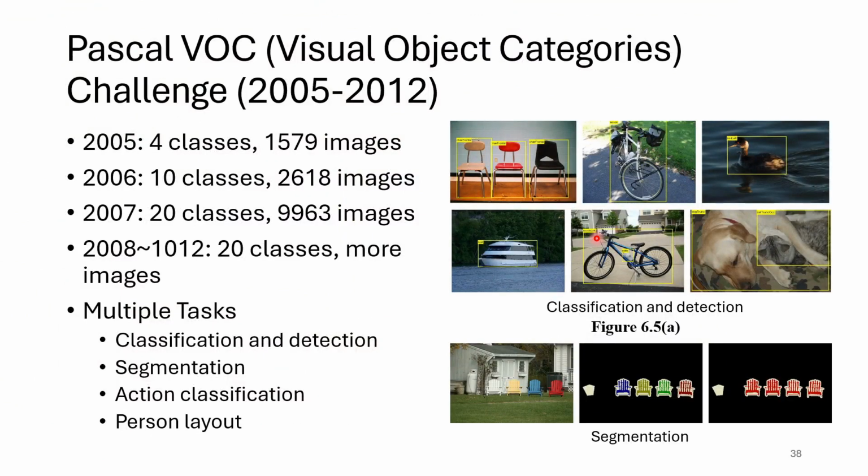Let me tell a story. Who is the organizer of the Pascal VOC? He is a researcher at Oxford University, and he ran the Pascal challenge for several years. However, he is a young man who unfortunately died for some reason.